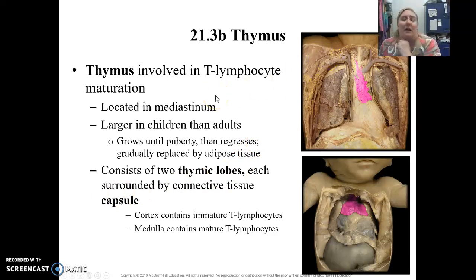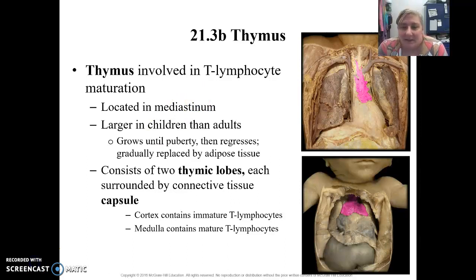The second main organ of the lymphatic system, or primary lymphatic organ, is the thymus. The thymus is where T lymphocytes get matured. So they go there and they learn to be immunocompetent, so they can recognize self from non-self, and they only will attack non-self cells.